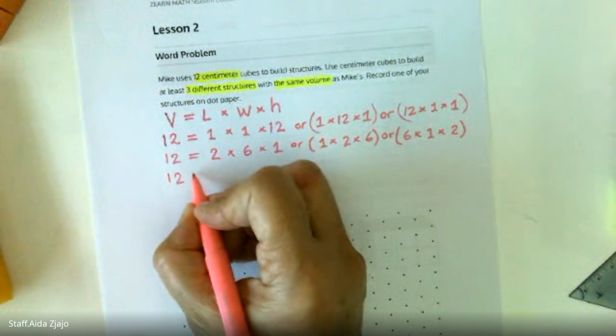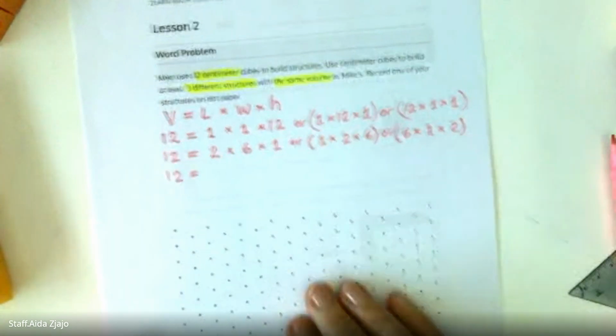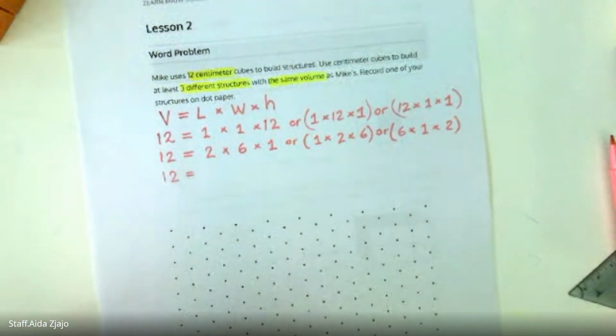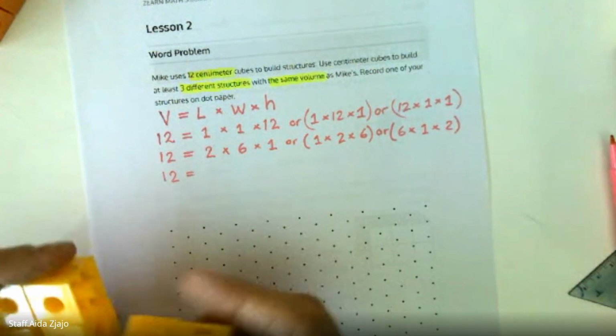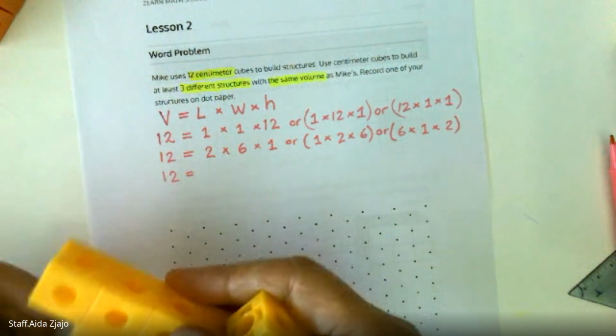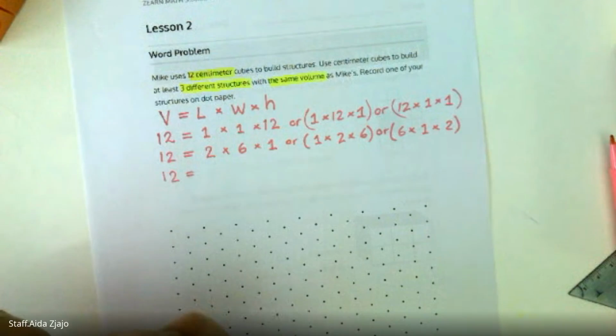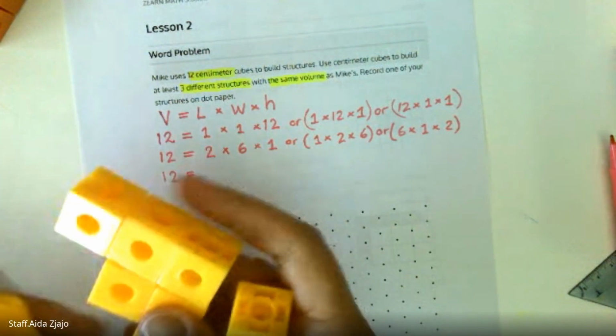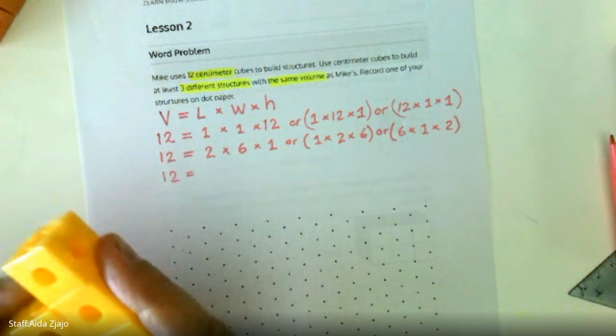Next, I think there's more. What if I take a combination like 3 times 4? Maybe I can do that. 3 times 4 is 12. So this is 3 and this one is 4.